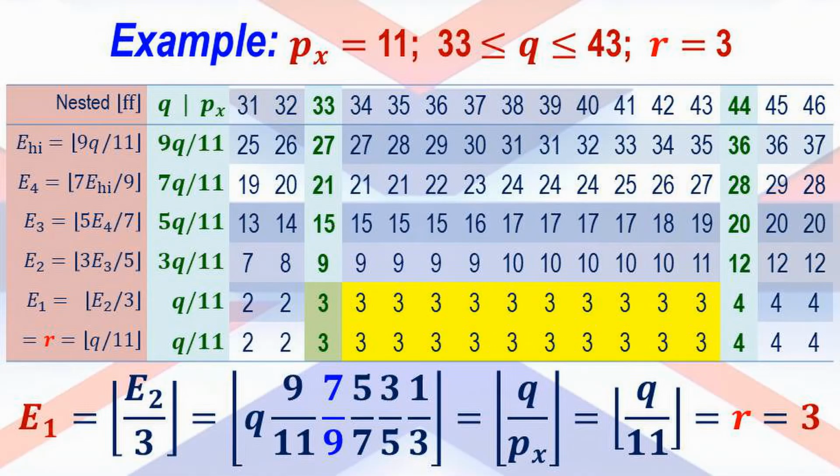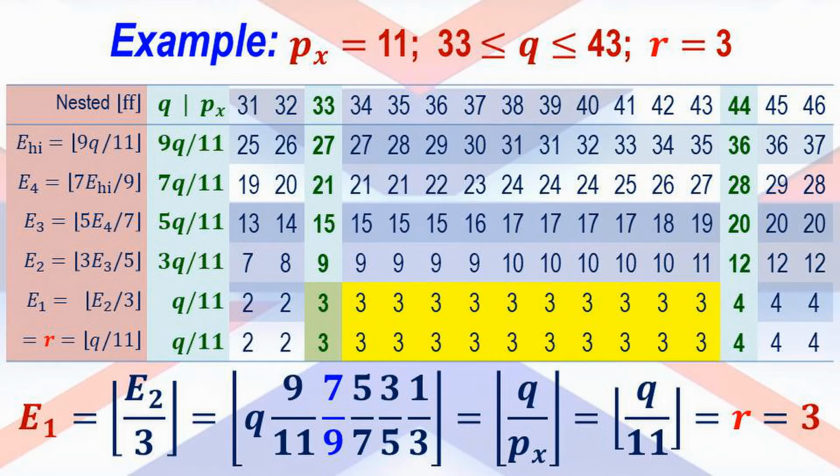And we can see that on this slide with a worked example where Px equals 11 and Q is on a window of opportunity here from 33 to 43, and r is therefore equal to 3. And if we take the column in green for 33 towards the left of the table, you can see that the successive values of E, starting off with 33, go down to 27, 21, 15, 9 and 3. And all of those are multiples of r equals 3.